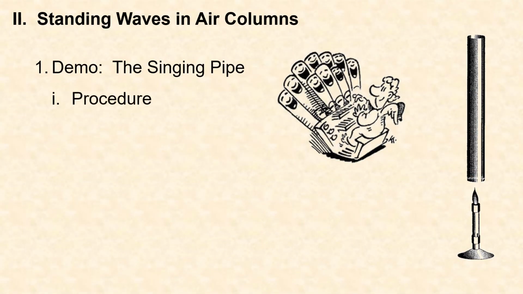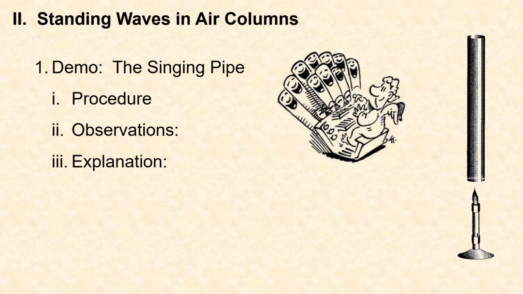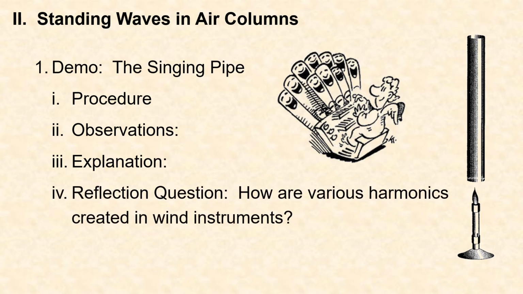All right, so what's happening in this demonstration to cause the sound you hear within that pipe? Well, notice that we had a flame at one end, and that flame heats the special stainless steel screen which has been inserted into one end of the metal tube. This glowing hot screen heats the air inside of the tube, causing the hot air to rise and cool air to enter the bottom end.